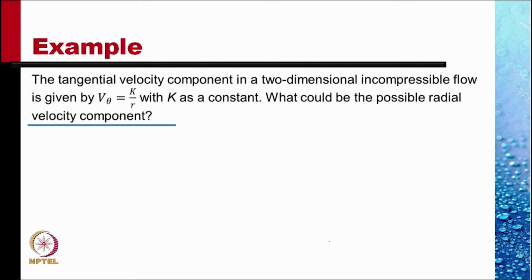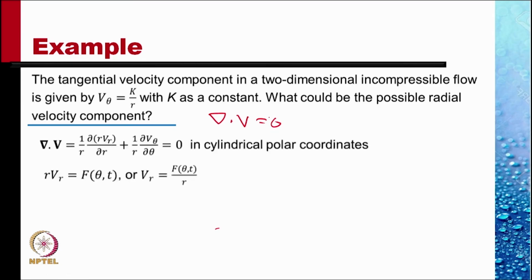So we'll use the form of the equation del dot V is 0, and in cylindrical polar coordinates del dot V is 1 by r del over del r of r Vr plus 1 over r del V theta by del theta.